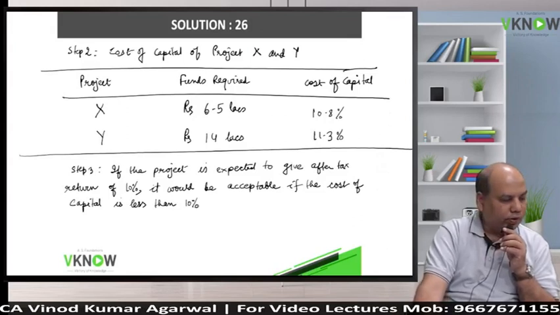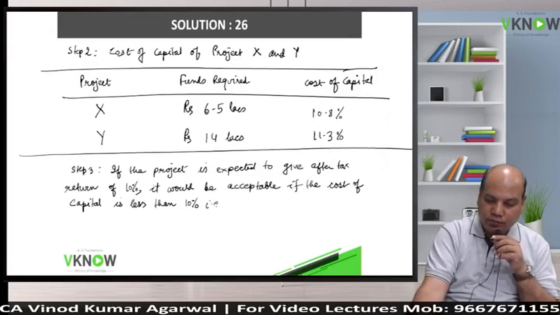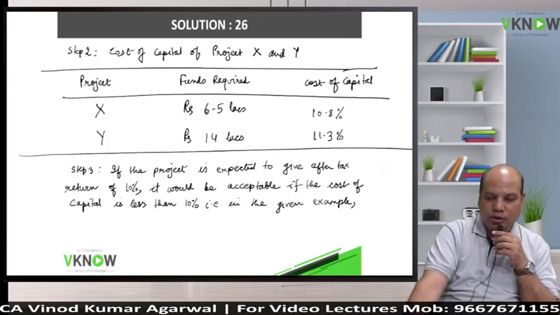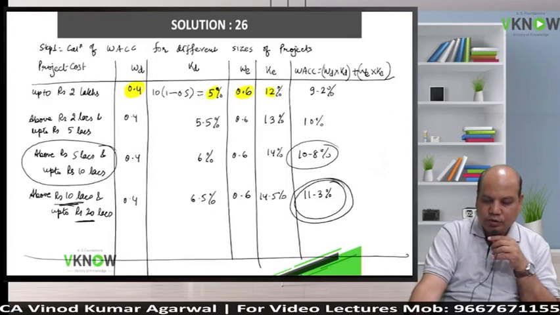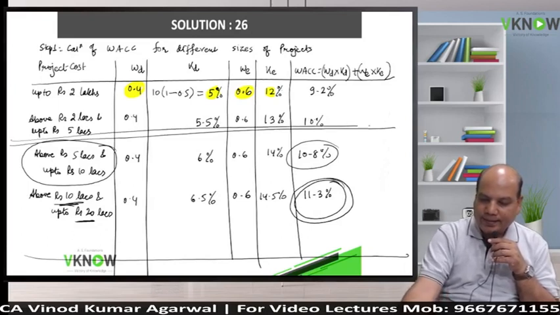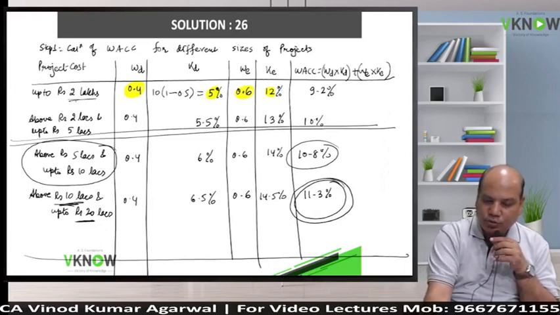If the cost of capital is less than 10%, that is, in the given example, now I am going to the previous page. Now you see on the screen, if the cost of the project is up to 2 lakh, it is 9.2%, acceptable. 2 to 5 lakh, it is 10%.